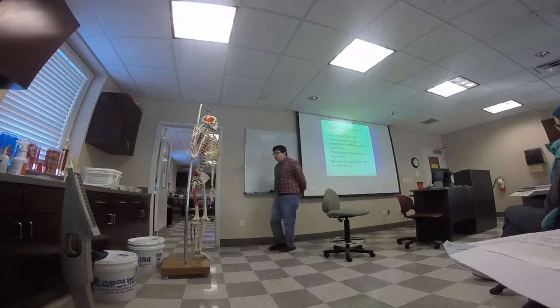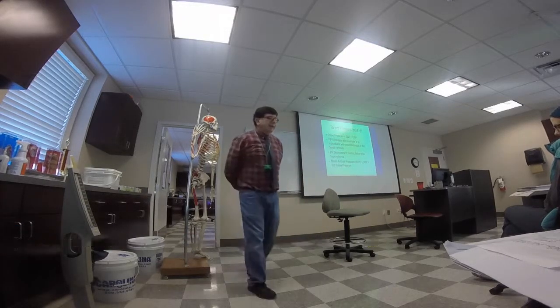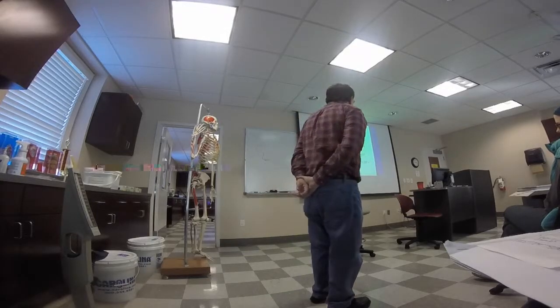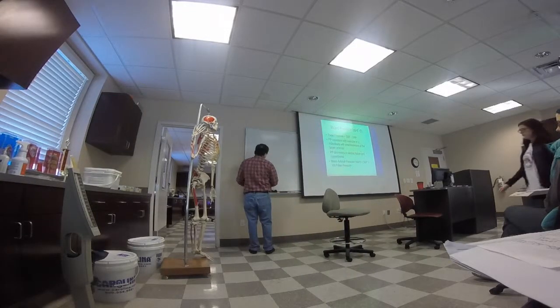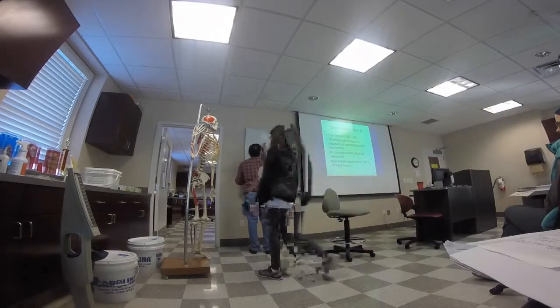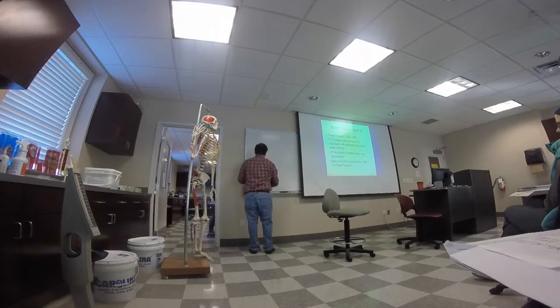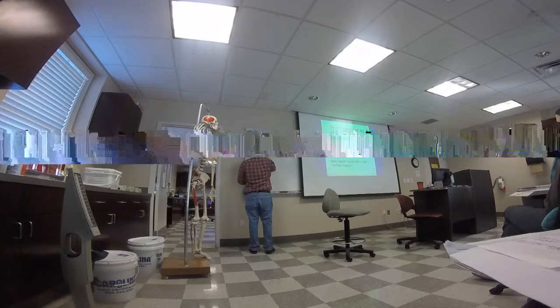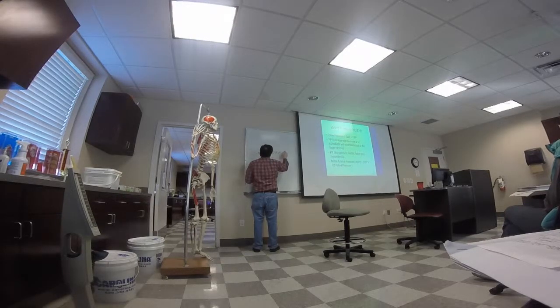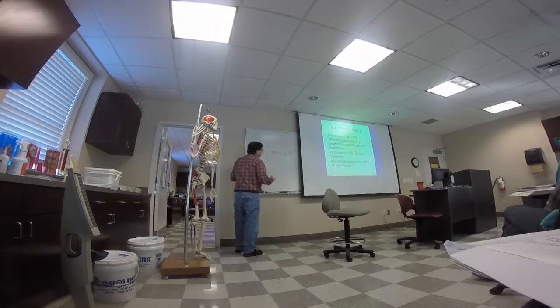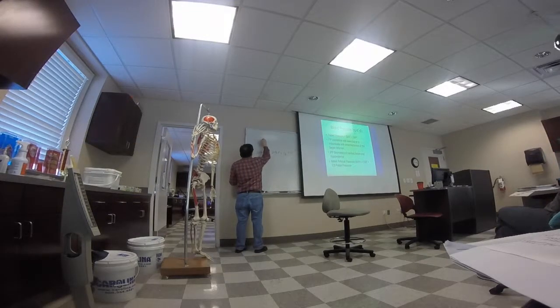Now, the other type of reading we can obtain is a mean arterial reading. Let's go back. The mean arterial blood pressure is equal to the diastolic blood pressure plus a third of the pulse pressure. So for instance, let's say someone has a blood pressure of 120 over 60.